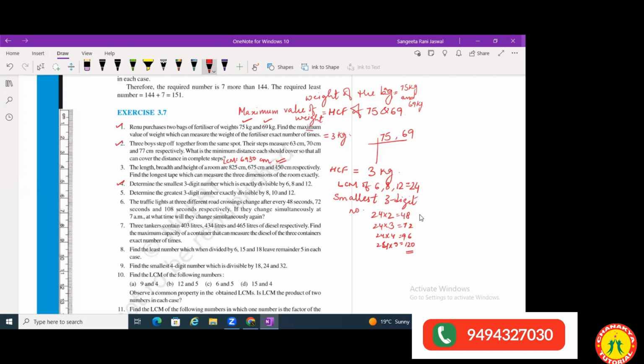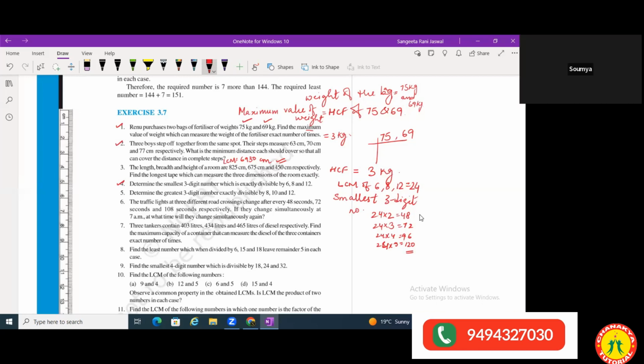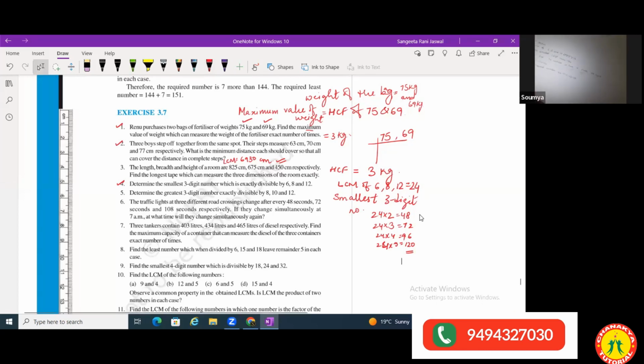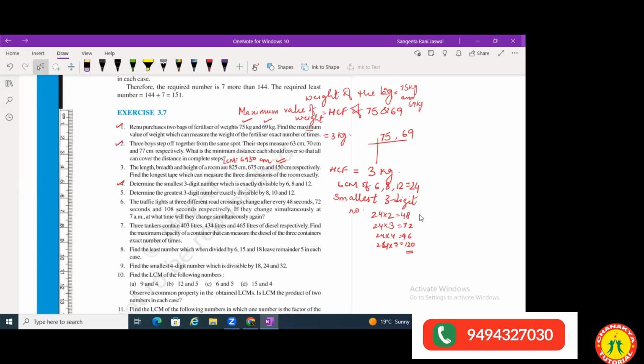Yes. Soumya, show me your work. Show me the notebook, Soumya. Ma'am, can you see it? One second.